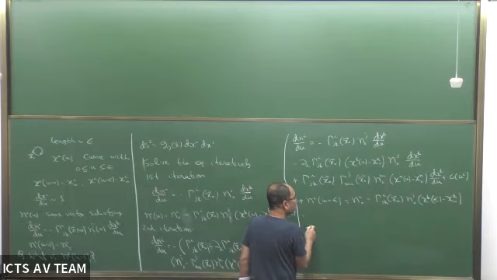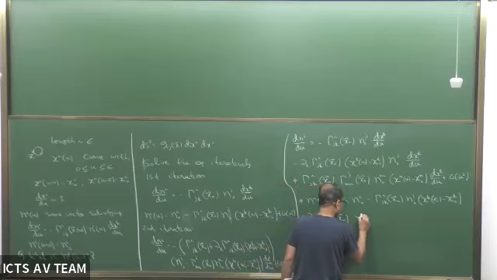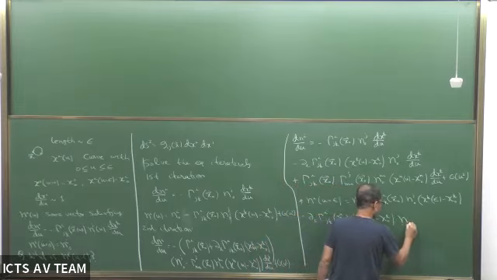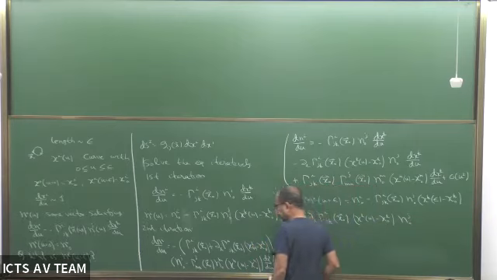Then I have minus gamma I j k x naught xl of u. Here I want to change things a little bit.